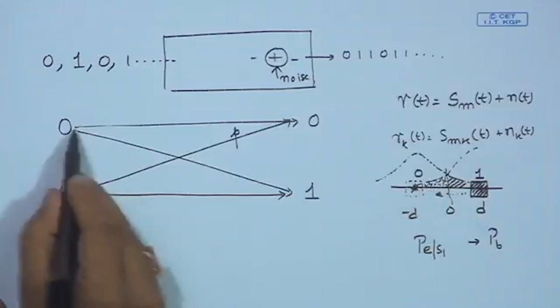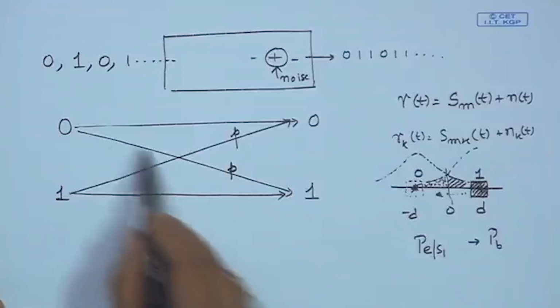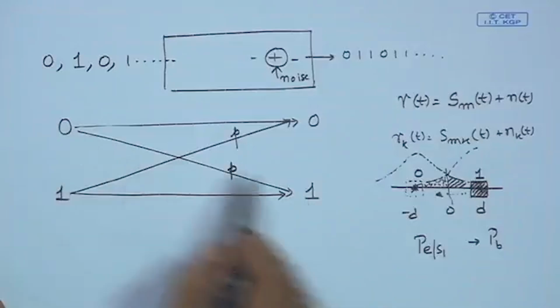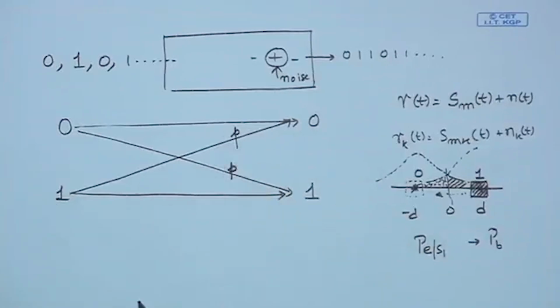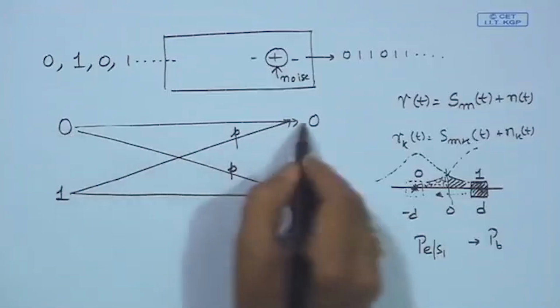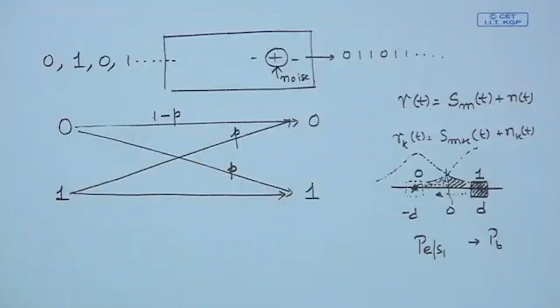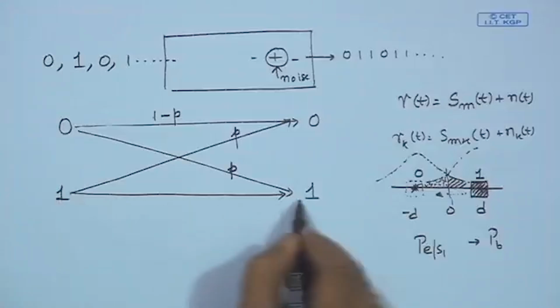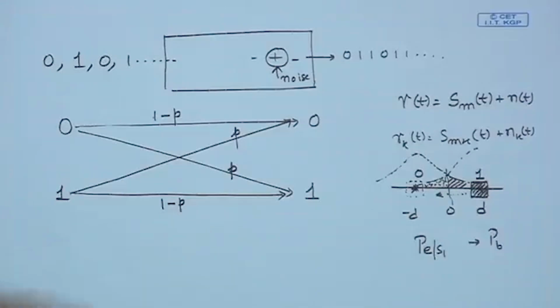So, the probability of 0 becoming a 1 is p. Because of symmetry, that means 0 becoming 1 and 1 becoming 0, we have a symmetric channel. Because there is binary input and binary output, we have a binary symmetric channel. So, the probability of 0 remaining a 0 is 1 minus the probability of error, which is the probability of being correct. The probability of 1 remaining a 1 is likewise 1 minus p.